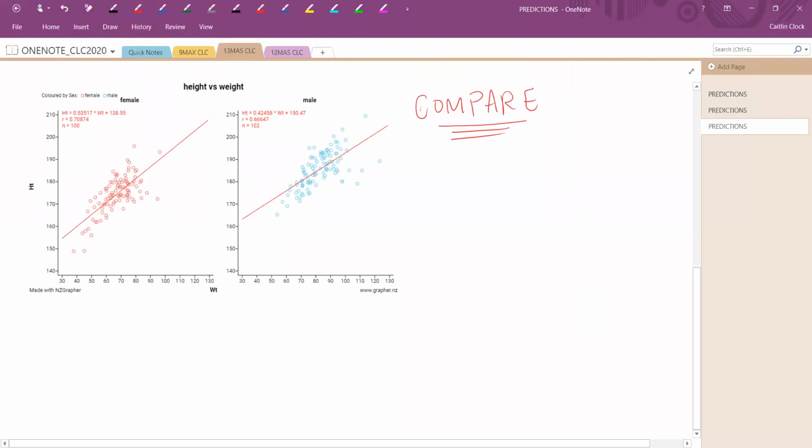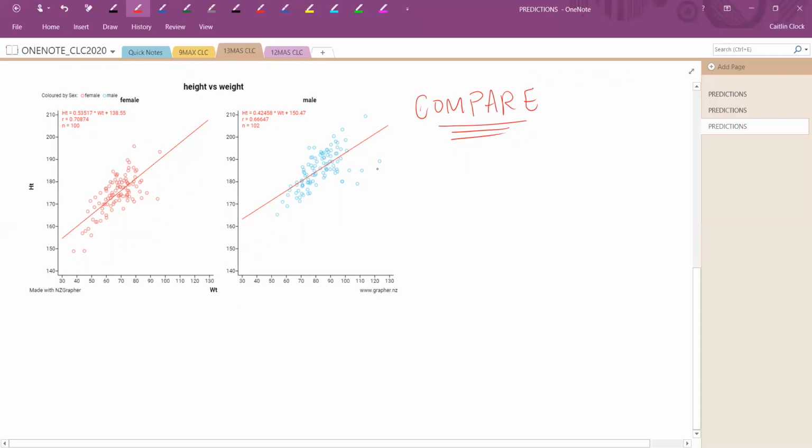You've got two graphs, and you can talk about the gradients, you can talk about how strong or weak your relationships are, which I started to discuss looking at the correlation coefficients. You can talk about the association, the scatter, the groupings, the outliers, right? And the trend.